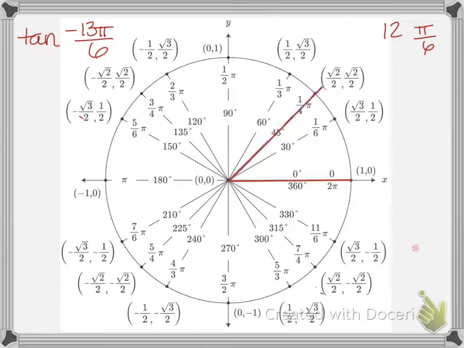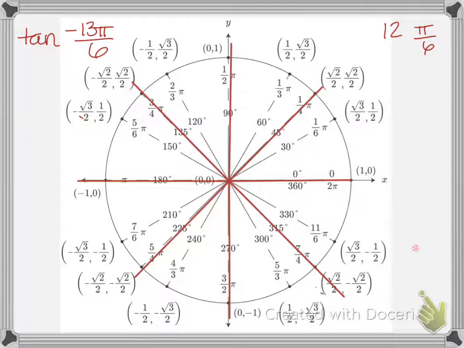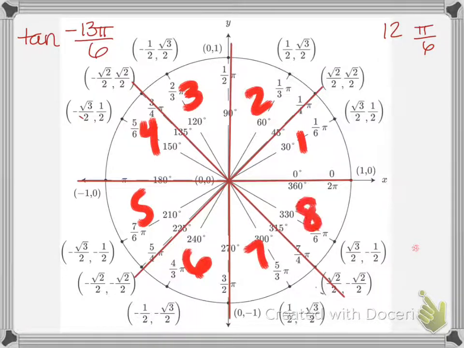So that's 1 pi over 4, 2 pi over 4, 3 pi over 4, 4 pi over 4, 5 pi over 4, 6 pi over 4, 7 pi over 4, and then the last one is 8. Again, 1, 2, 3, 4, 5, 6, 7, 8. We have 8 pi over 4.